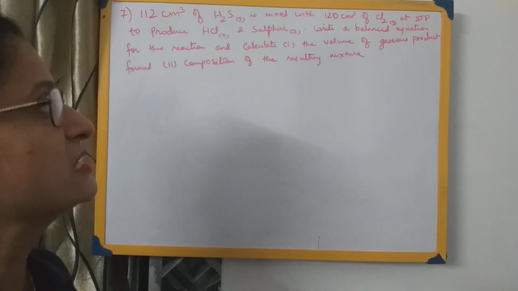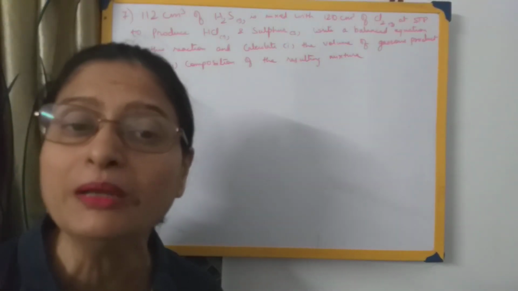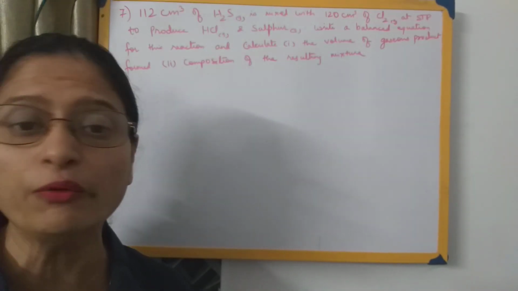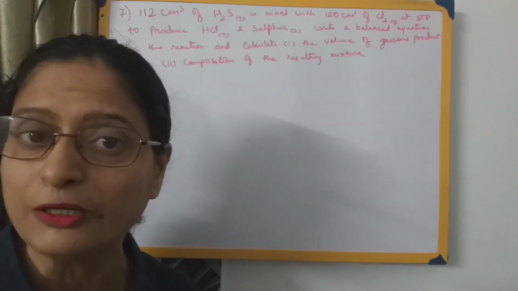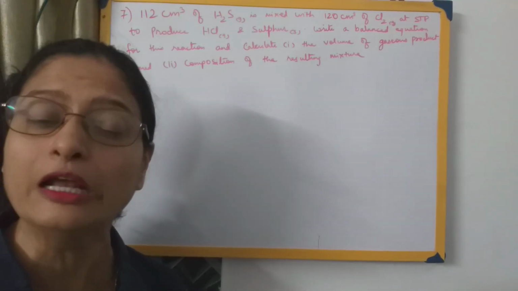That means, again I repeat, that in any chemical reaction, you take certain amounts of the substances, but all of them do not get used up. So whatever remains behind along with the product is called the resulting mixture.